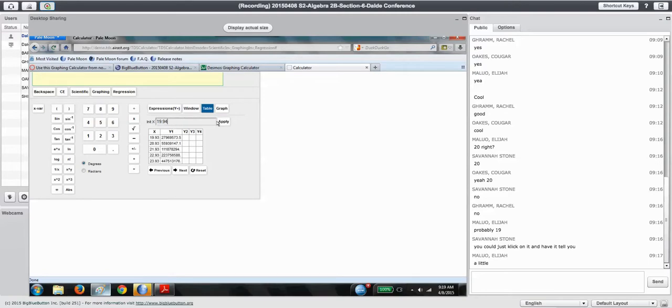The problem is the graphing calculator that I gave you doesn't take more than 3 numbers after the decimal place. So that's about as close as we can get. So I guess you can choose whether or not you want 19.93 or 19.94. Does that make sense?